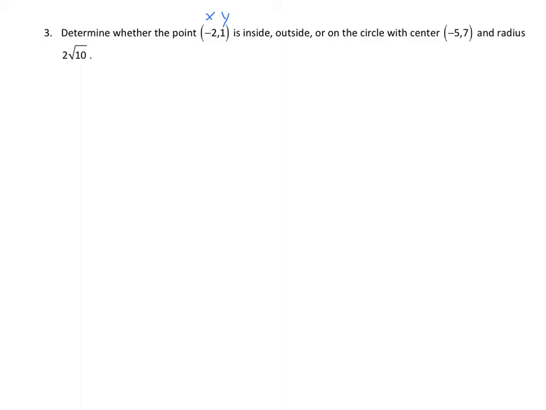So I want to start by writing the equation of the circle. The center is (-5, 7), that's h and k, and the radius is 2 radical 10. So to write the equation in standard form, x minus h is going to be (x + 5)² plus (y - 7)² equals the radius squared.